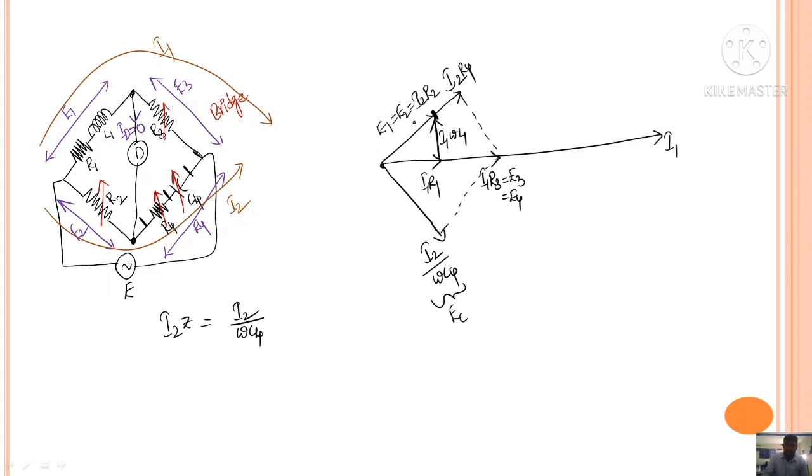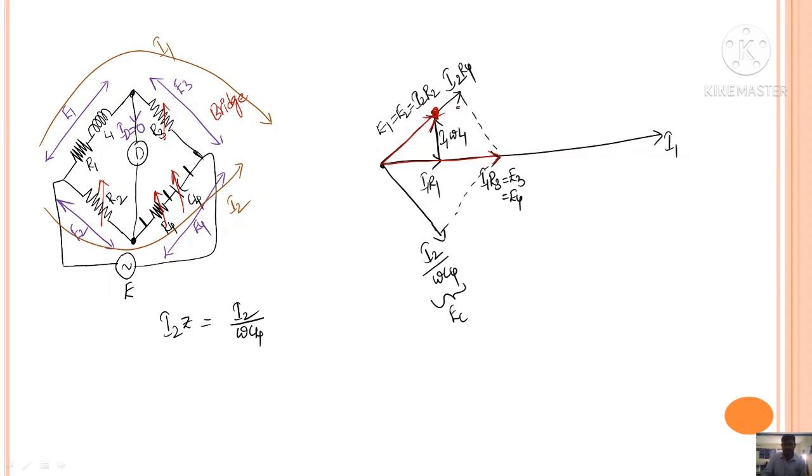Now I got the E2 phasor. Up to this it is the E2 phasor, and up to this point it is the E3 phasor. Now what is E? E is the resultant of E2 and E4, or E1 and E3, both are the same.